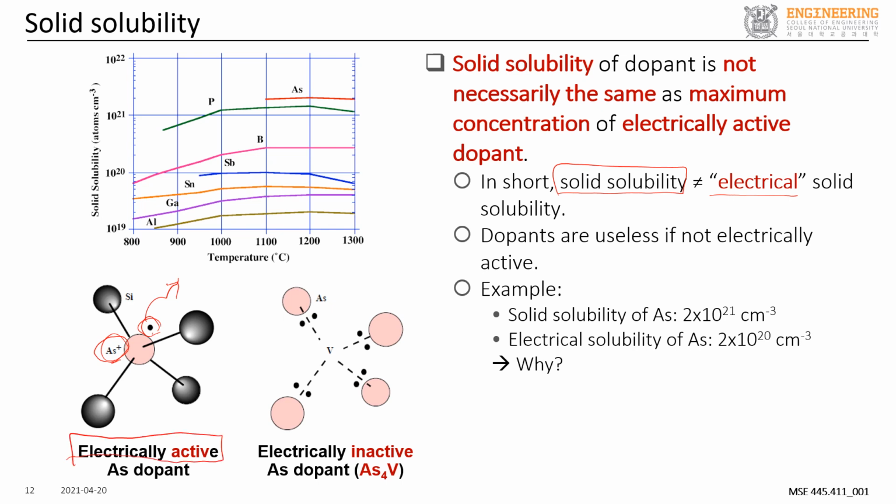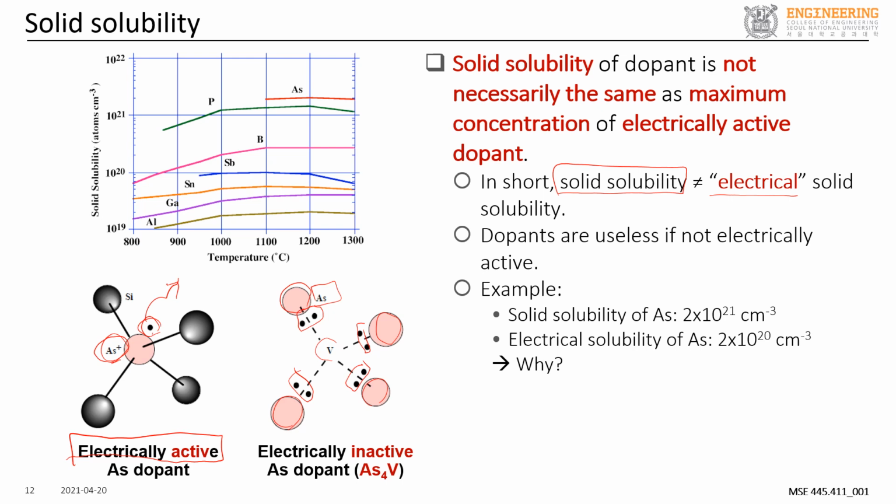However, if you have too much arsenic, while still within the solid solubility, so to speak, they kind of replace the silicons. But with too many arsenic atoms, you can create some vacancies, and they just maintain these two additional electrons like this.